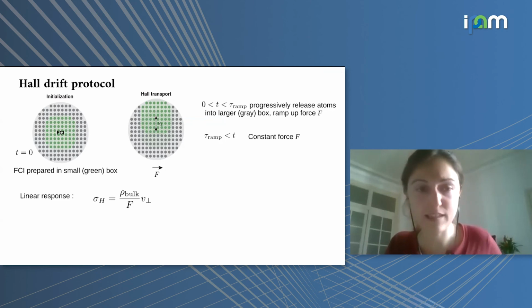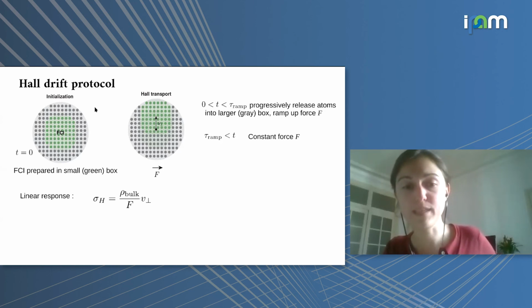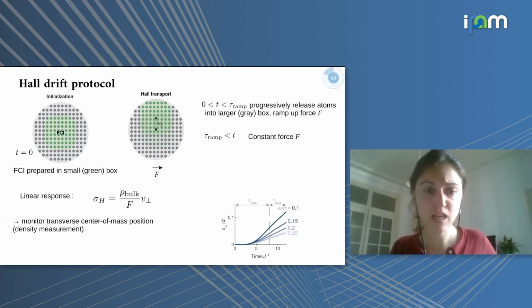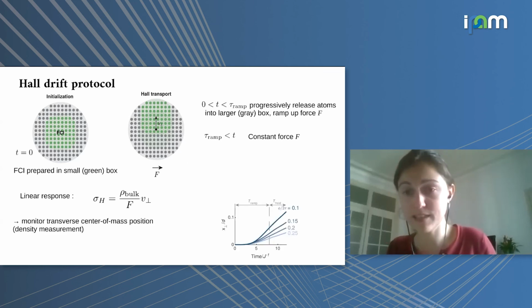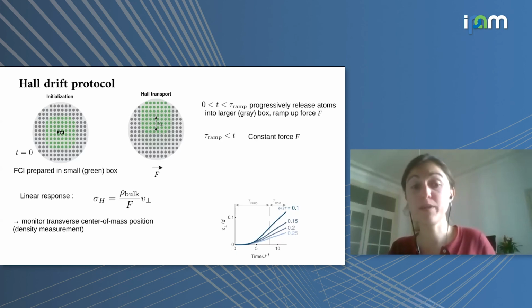So then within linear response, you expect that the Hall conductivity will be given by the density in the bulk, rho bulk, divided by the strength of the force times the velocity of the center of mass in the transverse direction. So what you have to do is again a density measurement, but as a function of time this time. You want to monitor the position of the center of mass, which I've shown here.